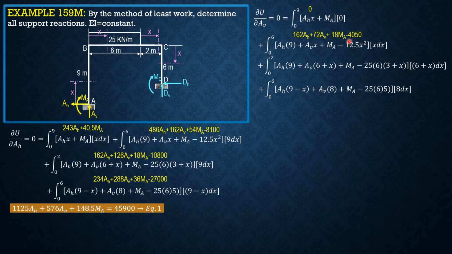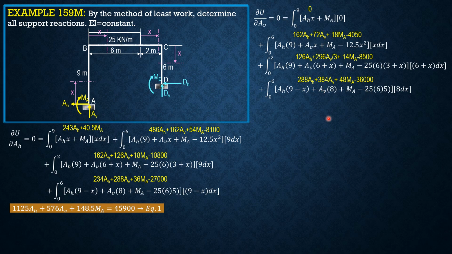So you verify it yourself by pausing the video if you want to check that. Then for the third integral, 126 AH plus 296 AV over 3 plus 14 MA minus 8500. And for the last integral, we have 288 AH plus 384 AV plus 48 MA minus 36,000.